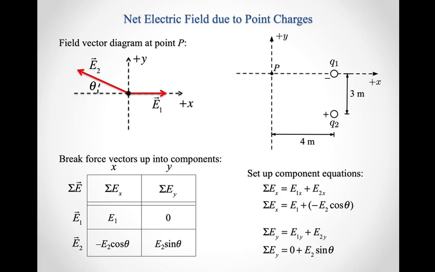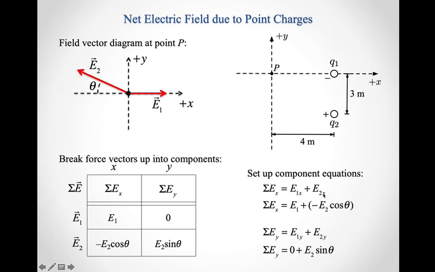component equations here. So I'm setting up the equation that the net electric field is equal to E1 plus E2. I'm going to have an x component equation that's going to come from my column on the left. I'm going to have a y component equation that's going to come from my column on the right. My x component equation says that the x component of the net electric field at point P is equal to E1, so all of the contribution from particle 1 plus negative E2 cosine theta.